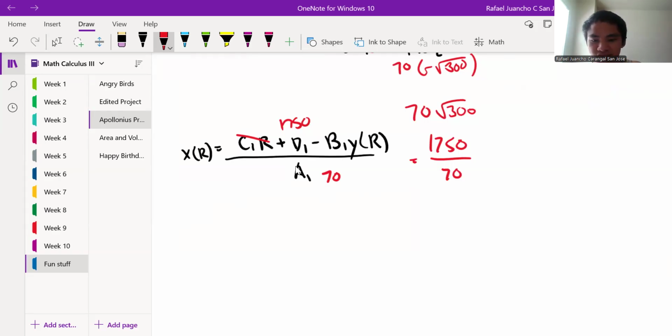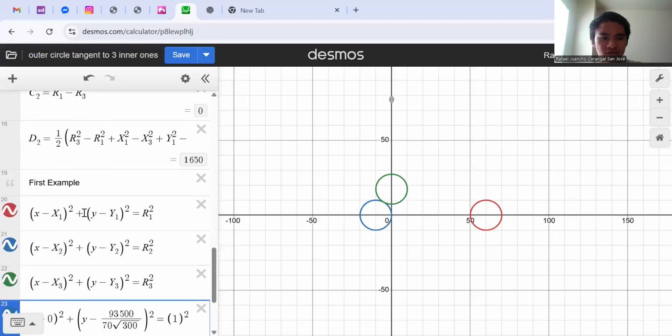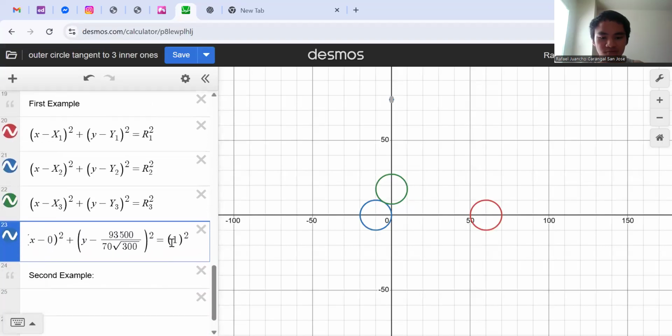That's my X. So if I quickly share that here, my X should be 1750 over 70, right? And then lastly for my R, let me share my screen again just to show you that it works.